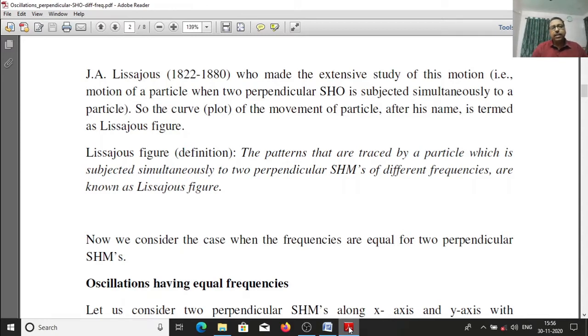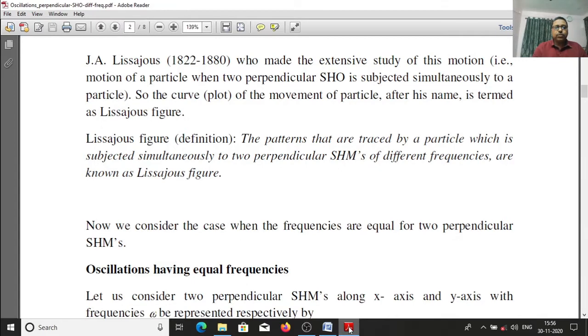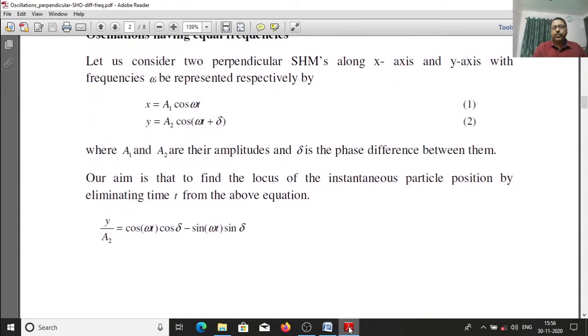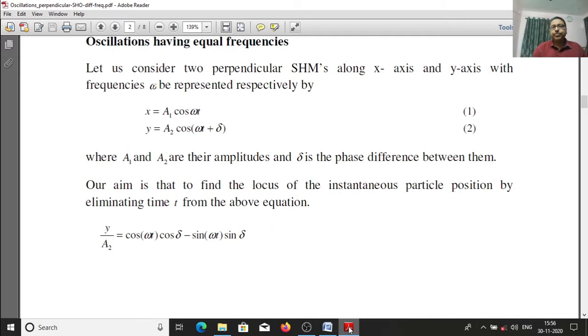Now we consider the case when the frequencies are equal for the two perpendicular simple harmonic motions. Let us suppose two perpendicular simple harmonic motions along the x-axis and y-axis with frequency omega are represented respectively by x equals a1 cos omega t and y equals a2 cos (omega t plus delta).